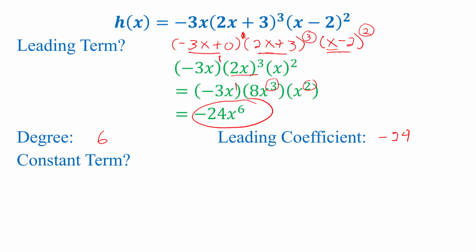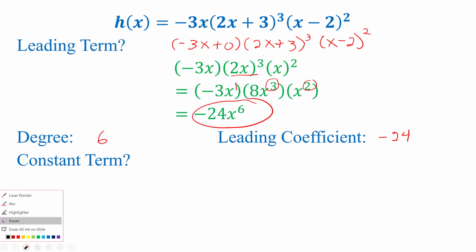Then we look for the constant term. Okay, again, we need to look up above, so let me erase a few things here. For the constant term, I'm going to look at each of these three binomials, take the constant term from each, raise each constant term to the power associated with that binomial, and multiply them together.